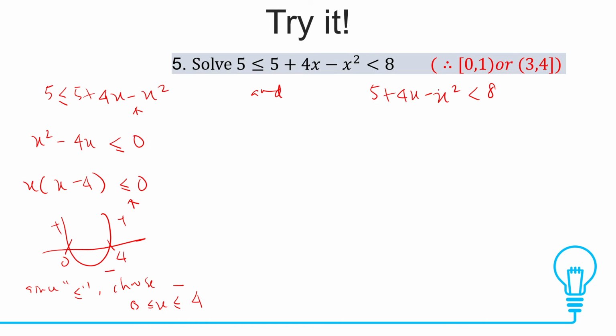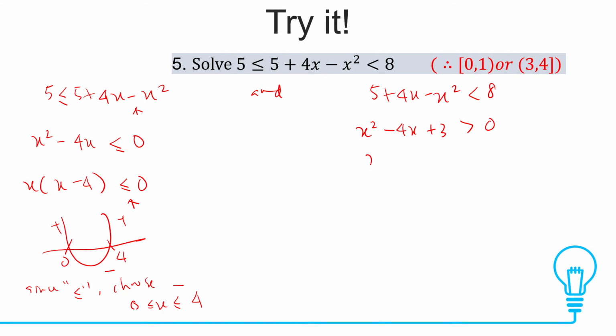And how about our right hand side? We do the same thing. We want to make sure our quadratic is a positive number, so we shift this one there. x squared minus 4x, and shifting here is a 3, then greater than 0. So we have x minus 3 and x minus 1.